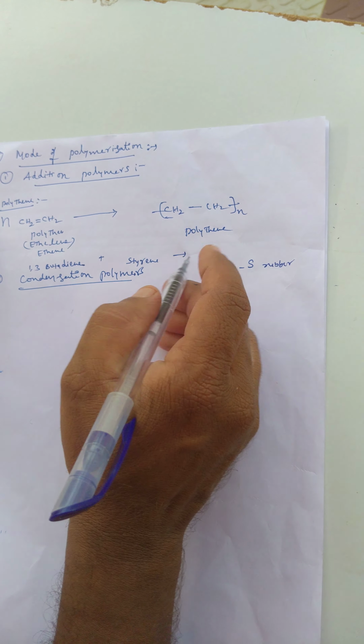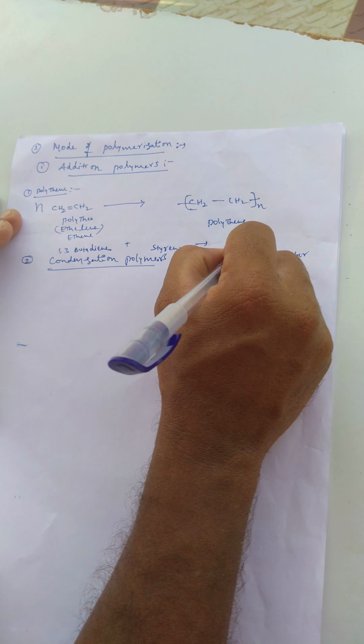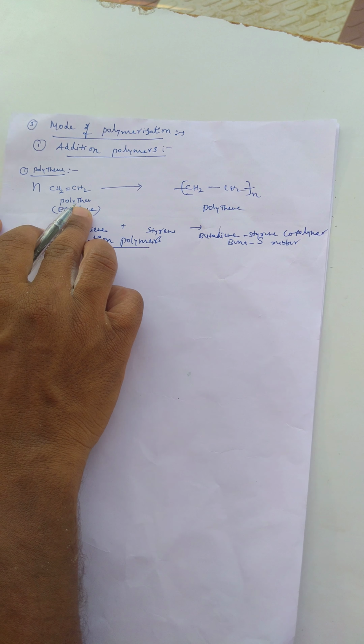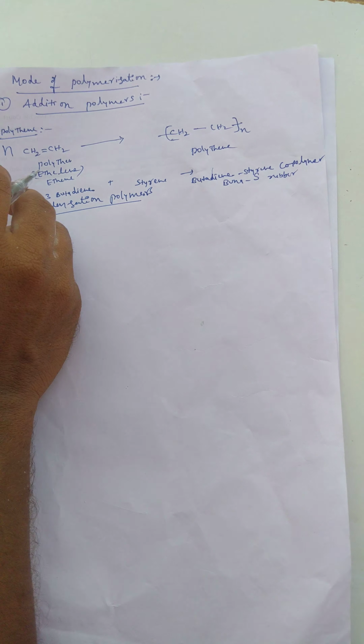This is also called butadiene styrene copolymer. So now one more new term you are going to see, that is copolymer. Now I will tell what a copolymer is.